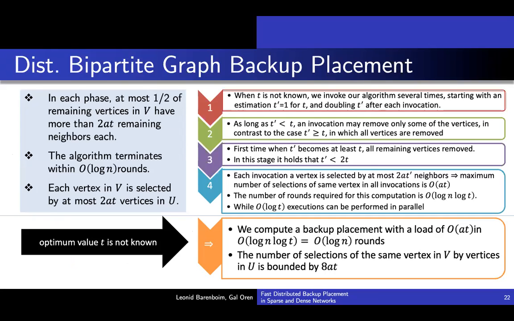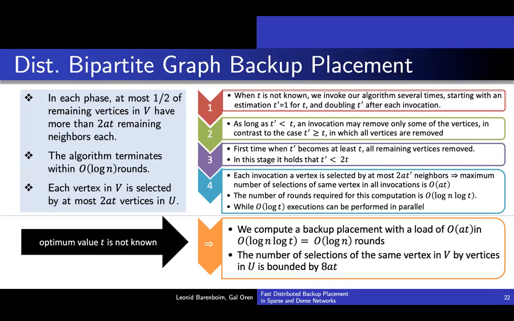However, we assumed that all vertices know the load value T of the optimum backup placement, but we want to know how they can do so without this knowledge. We use the same principle we used before and iterate over the value of T starting from T equals 1, while doubling it after each invocation. The first time T' becomes at least T, all remaining vertices are removed. At this stage, it holds that T' is smaller than 2T.